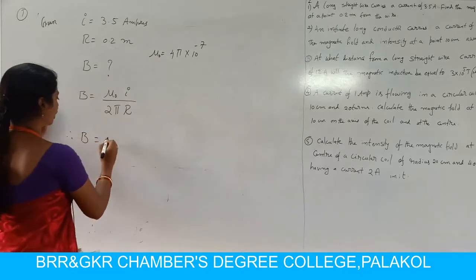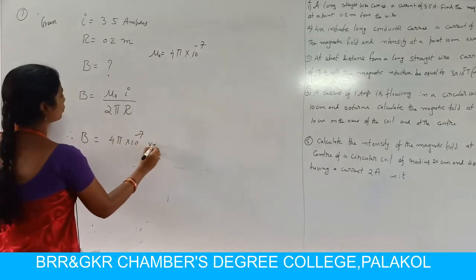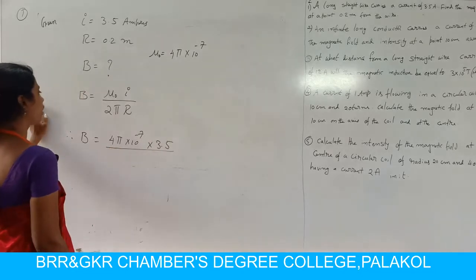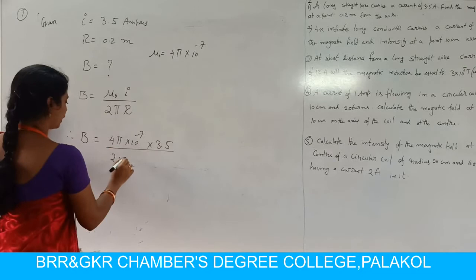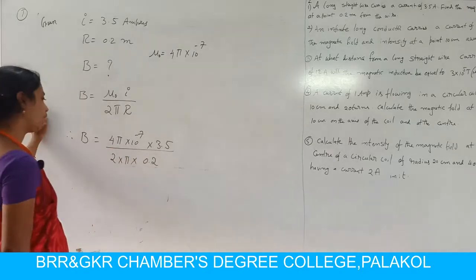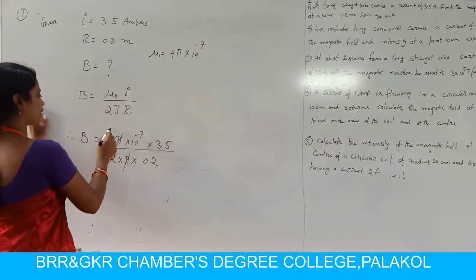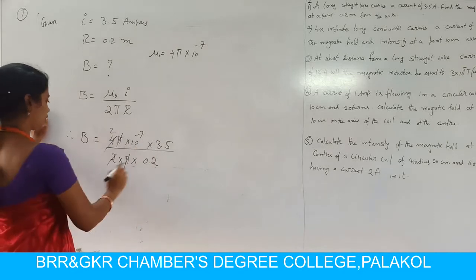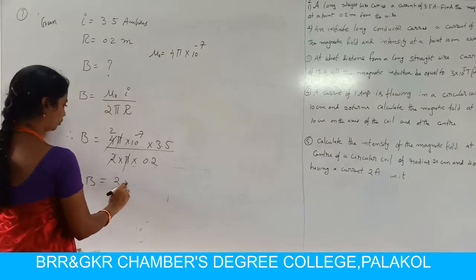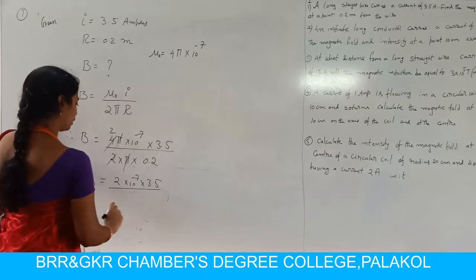Substituting all the terms, B equals 4 pi into 10 to the power of minus 7 into 3.5, divided by 2 pi into 0.2 meters. The current is already in amperes, so there is no unit change. Here pi cancels in numerator and denominator, and 4 by 2 gives 2. So B equals 2 into 10 power minus 7 into 3.5 divided by 0.2.